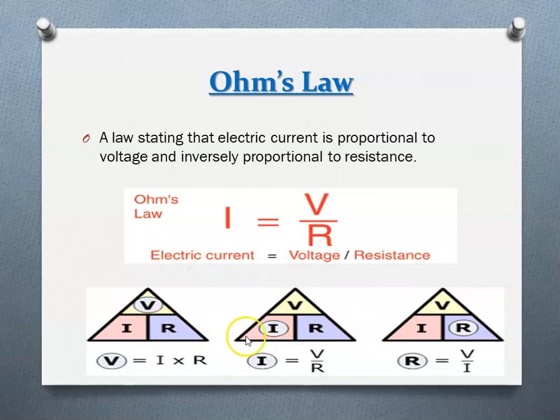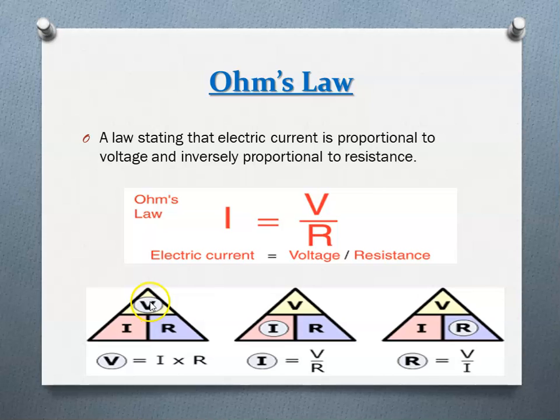This diagram shows the triangles which are used to remember the relation I is equal to V upon R, where V is written at the top and I and R are written at the bottom.